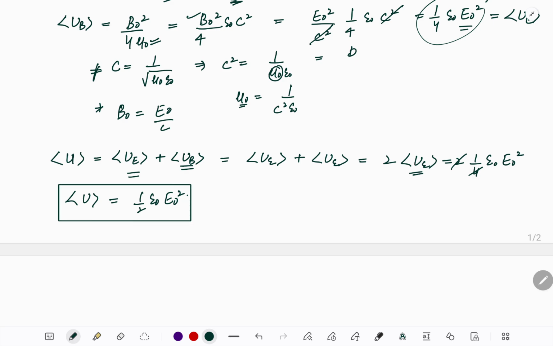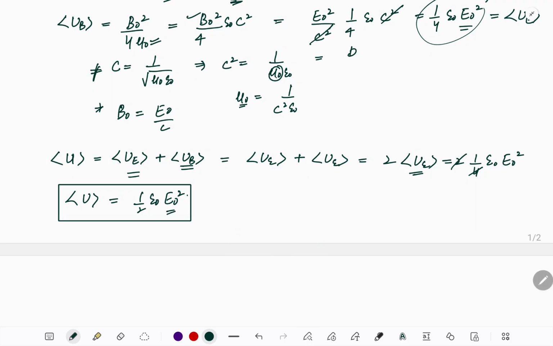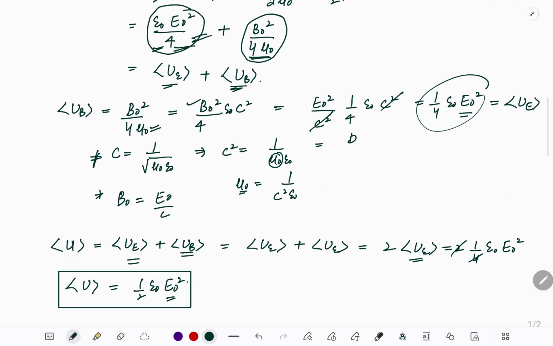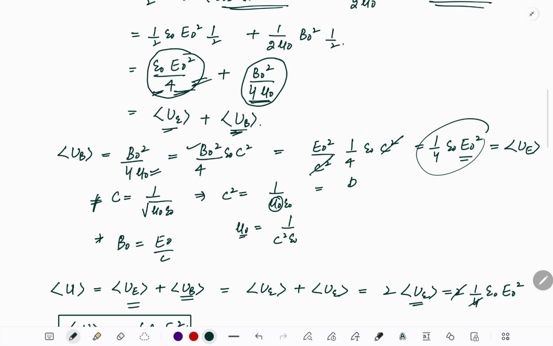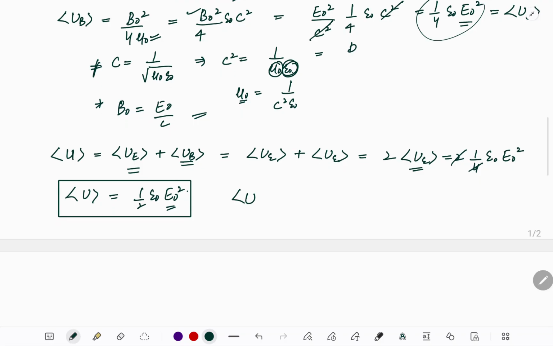Or you can represent it in terms of B naught. How? You can substitute the epsilon 0 value here, then using the earlier equation, writing E naught as C B naught, we can also write average of U equals 1 by 2 mu 0 B naught square.